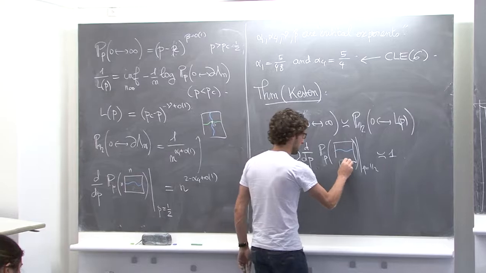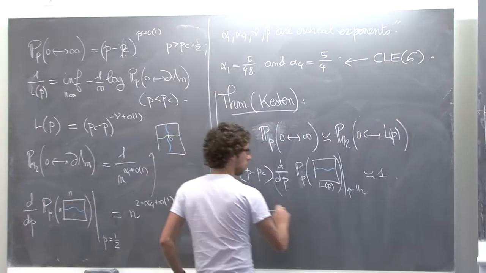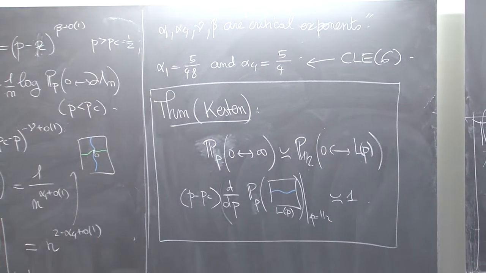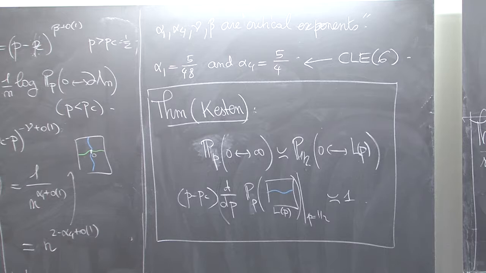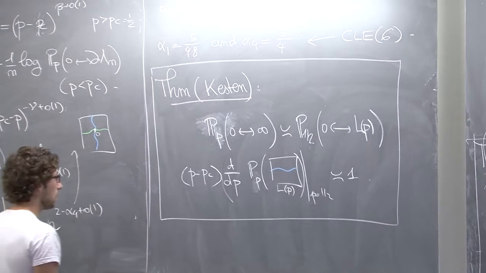And here, sorry, I should tell you what this is, L(p). So this is a theorem like that. This one is a little bit more complicated to see why it's true, but if you are really interested, you can come and harass me and I will explain.